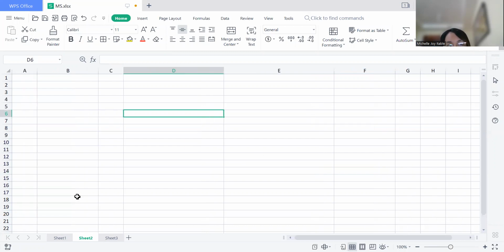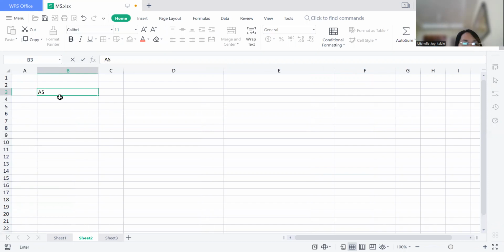Okay. And the formula here is called the AS formula. So what is the AS formula? Ilatag nyo lang dito yung quantity and then yung price.